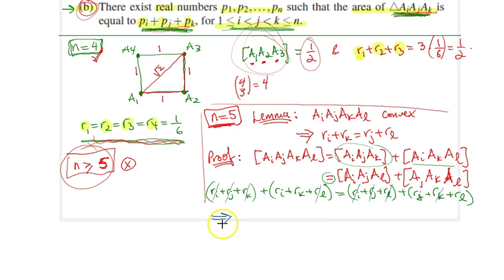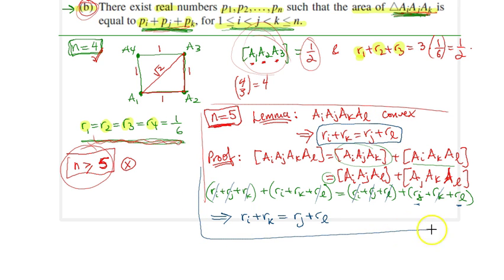So this would simply imply that r sub i plus r sub k is actually equal to r sub j plus r sub l, as we wanted to show. So therefore I will make use of this lemma repeatedly for the rest of the problem.